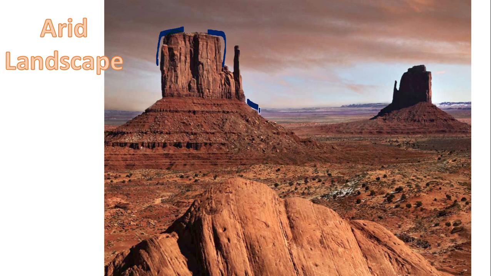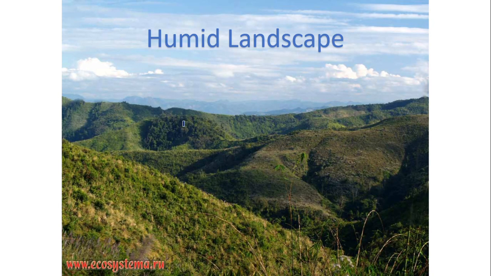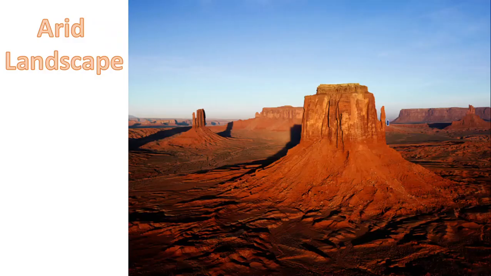Yes, you have areas that look rounded or smooth, but that's because all the rocks that break off of this fall down and roll out to here, creating this kind of bump. Again, humid, lots of green, flowing, rounded off edges. Arid, you can see this is a perfect example of squared off.